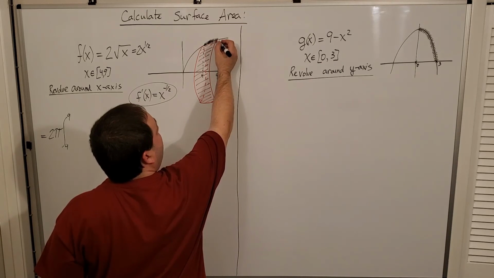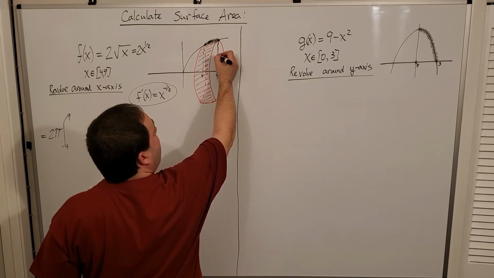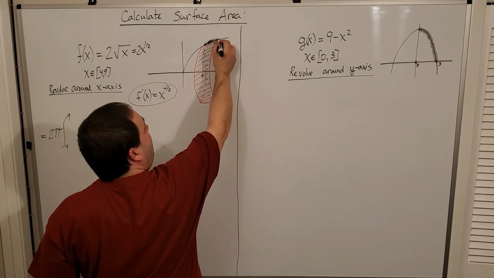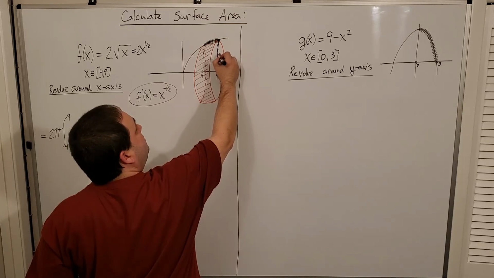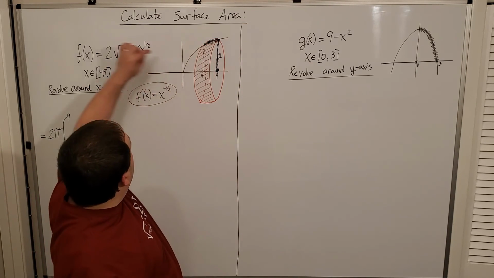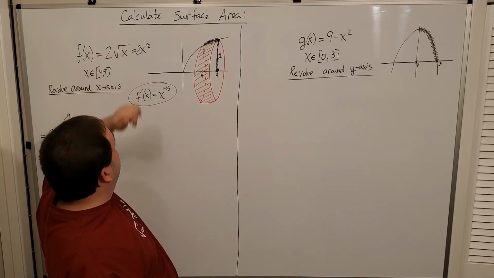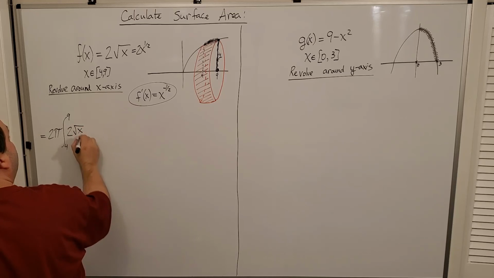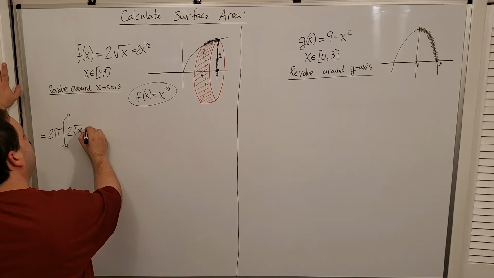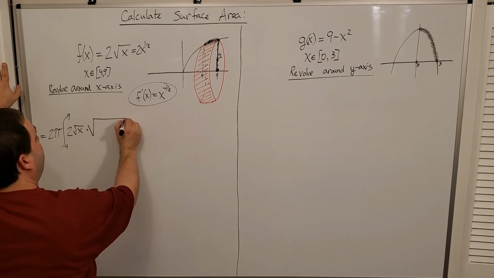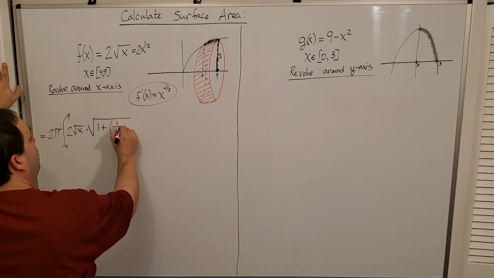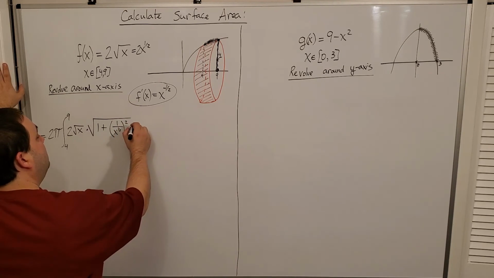Well, remember the radius function is going to be along the slice, right? And I'm slicing this way. Notice that the radius is actually just my y value, or in other words, the function itself. So my radius function is 2 square root of x times the square root of 1 plus the derivative. That's going to be 1 over x to the 1/2 squared dx.